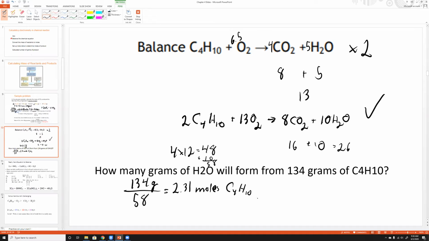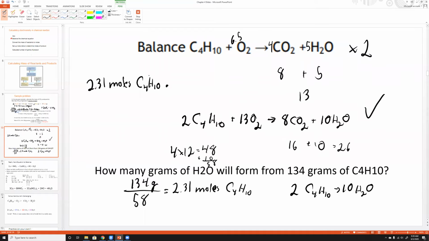Okay. So now let's look at the molar ratio. We know that 2 moles of C4H10 reacts to produce 10 moles of H2O. Now, if that's the case, we have to multiply by the ratio. It's a little less straightforward than the other one, but we can still use dimensional analysis. So unit conversion, a very important skill in this class.